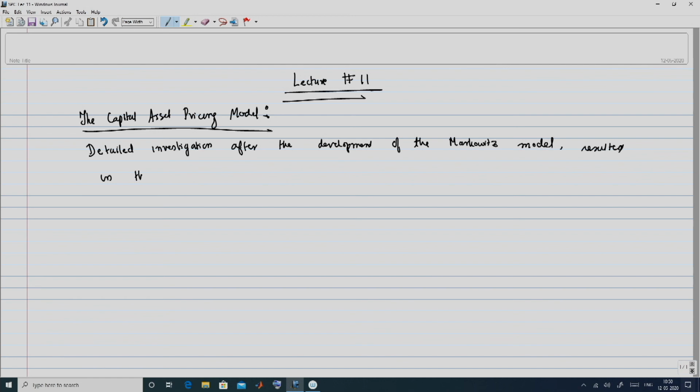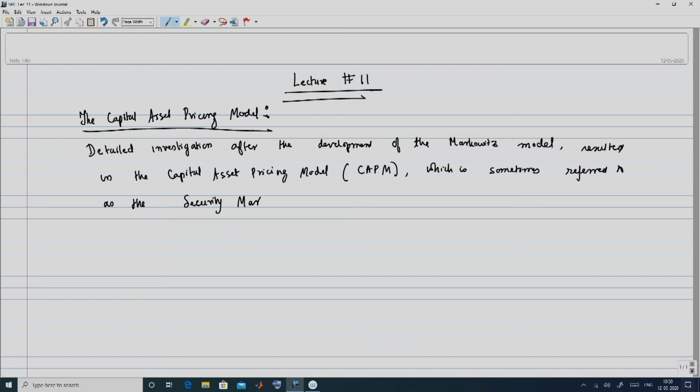So, these detailed investigations that were a follow up to the establishment of the Markowitz model resulted in the capital asset pricing model, which is commonly known in the parlance of finance as CAPM, and which is sometimes referred to as what is known as the security market line or SML.